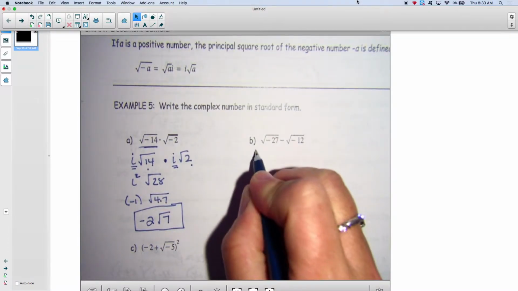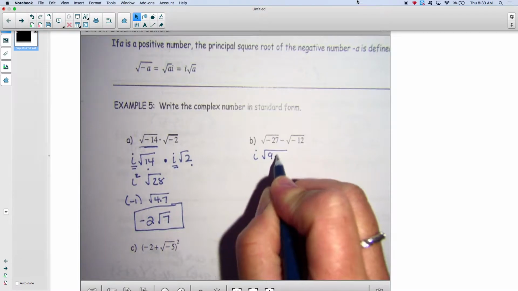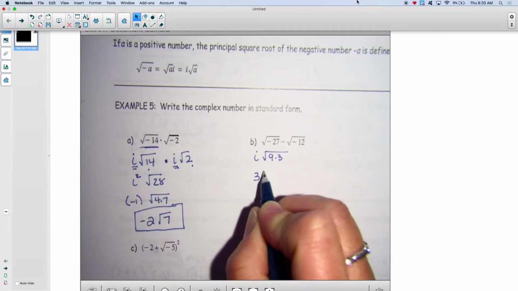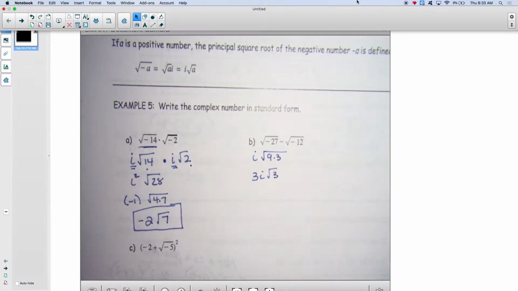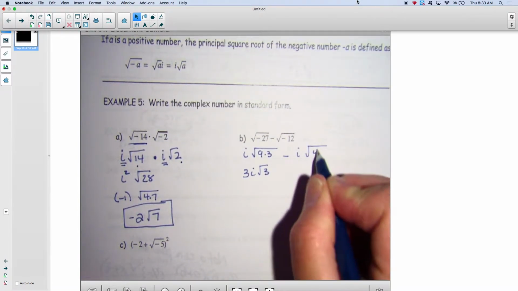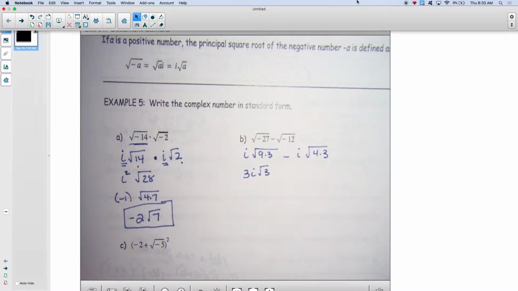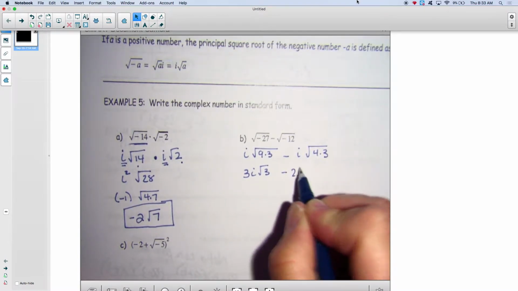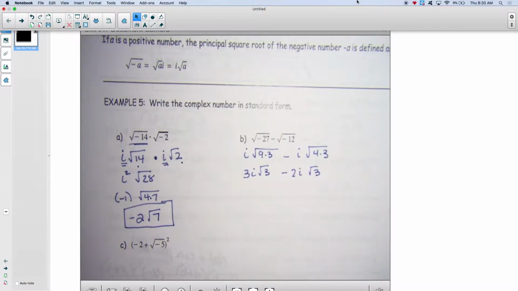So this one was i times 9 times 3. So 3i times square root of 3. Minus, well, that's i. 12 is 4 times 3. So that'll be minus 2i square root 3.